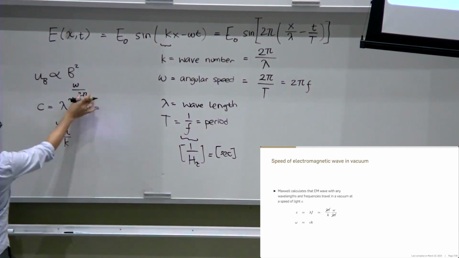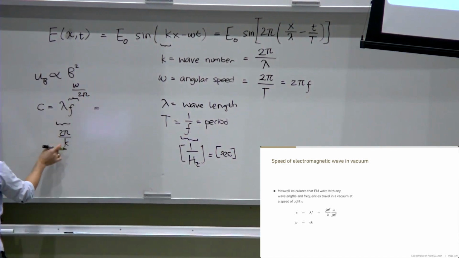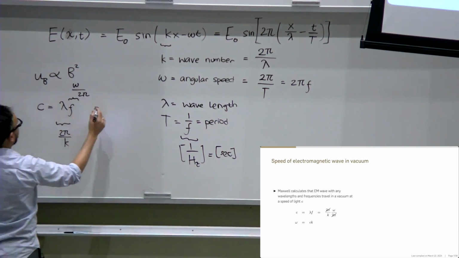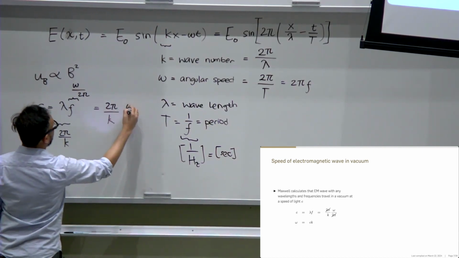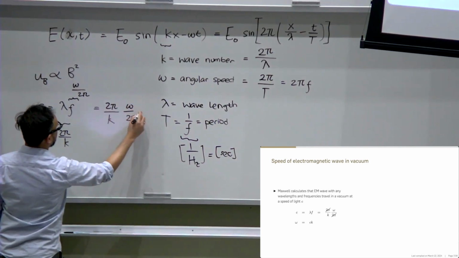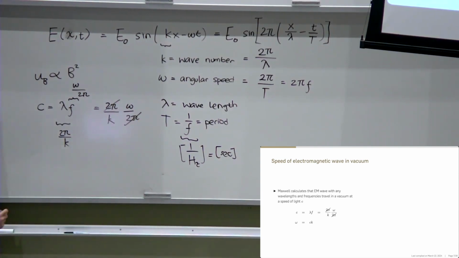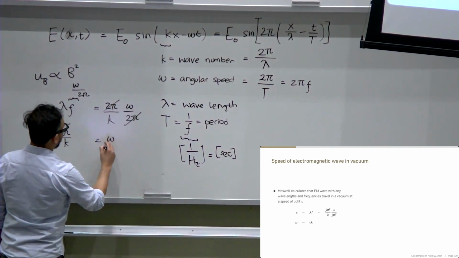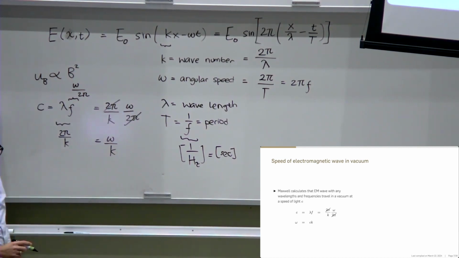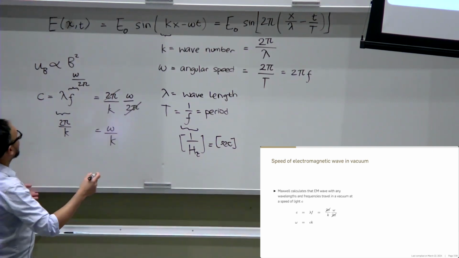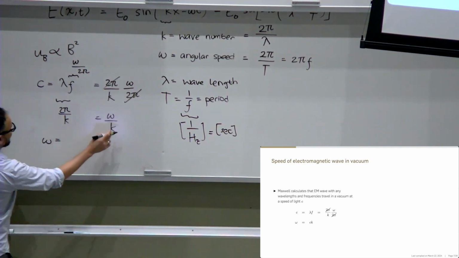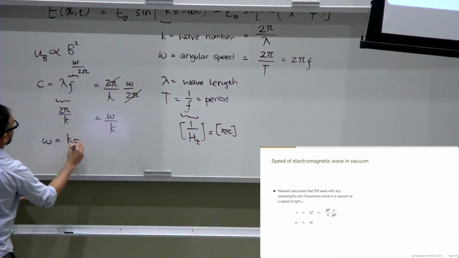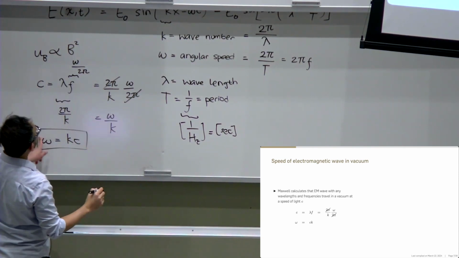Substituting these two expressions for lambda and F, we get 2 pi divided by K times omega divided by 2 pi. So C is equal to omega divided by K. On the lecture notes, I somehow chose to write omega is equal to K times C. So this is the equation in your lecture notes.